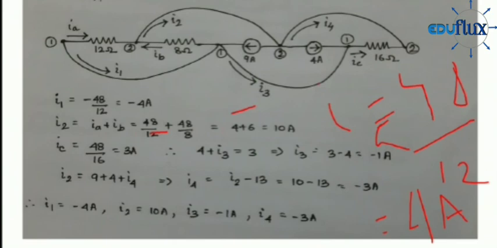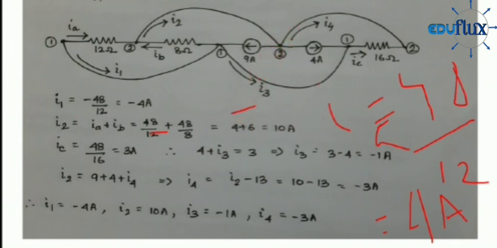Now we have already found out I1, I2 and I3. Now let us come to the last calculation, that is for I4. Let us apply nodal at this node 2.